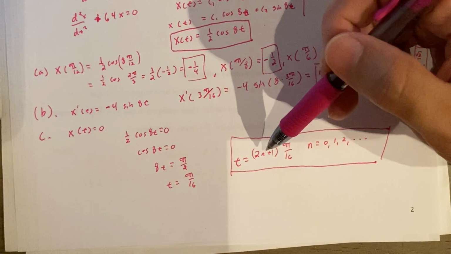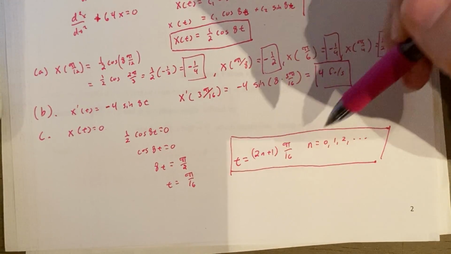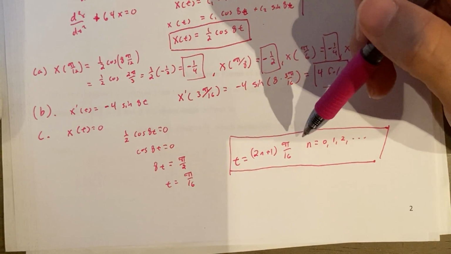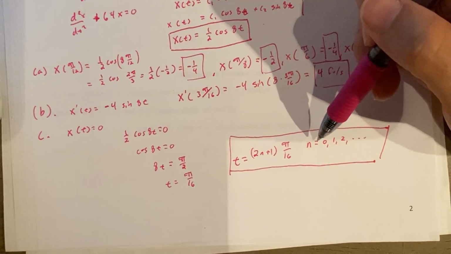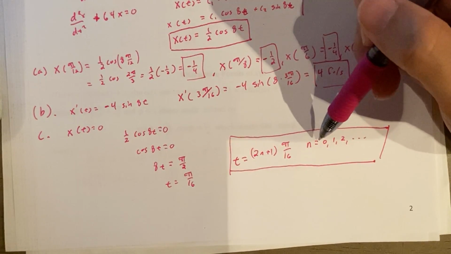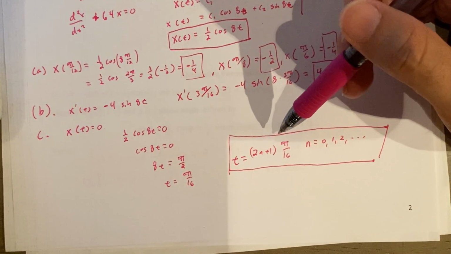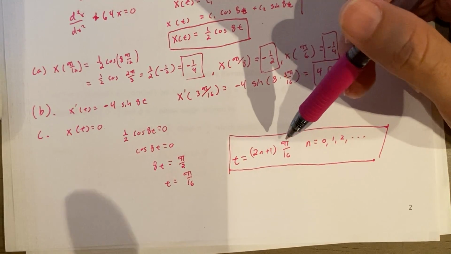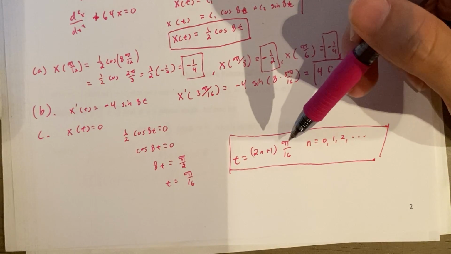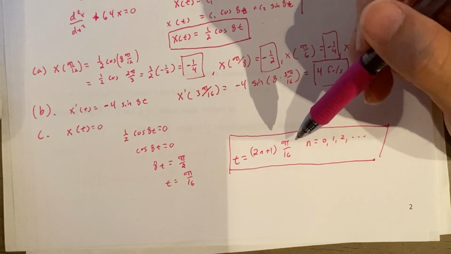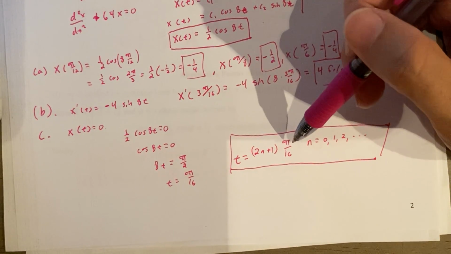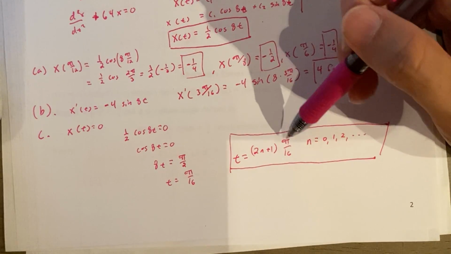That's why we have this 2n plus 1 pi over 16, so that when we substitute in 0, 1, 2, we're always going to get a moment in time where our position will hit 0.